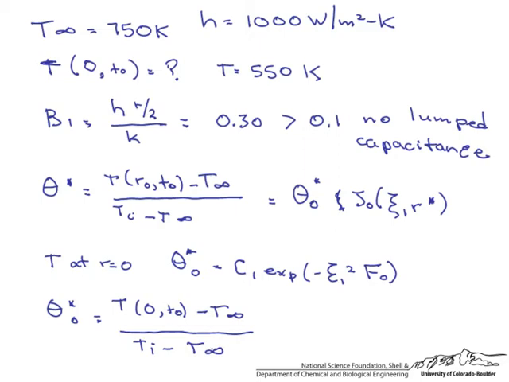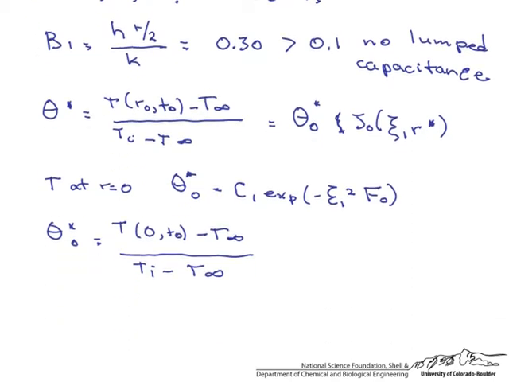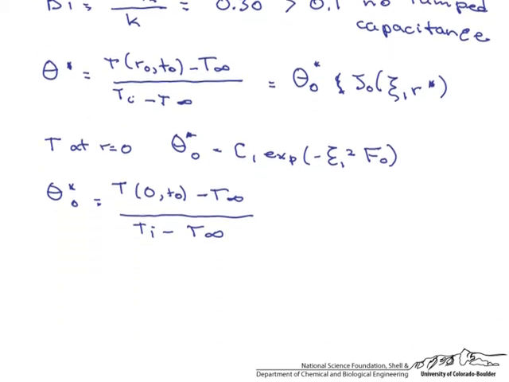So instead, let's see if we can make some substitutions so that we don't need time and so that we don't need T initial. So let's go back to our original definition of theta star.